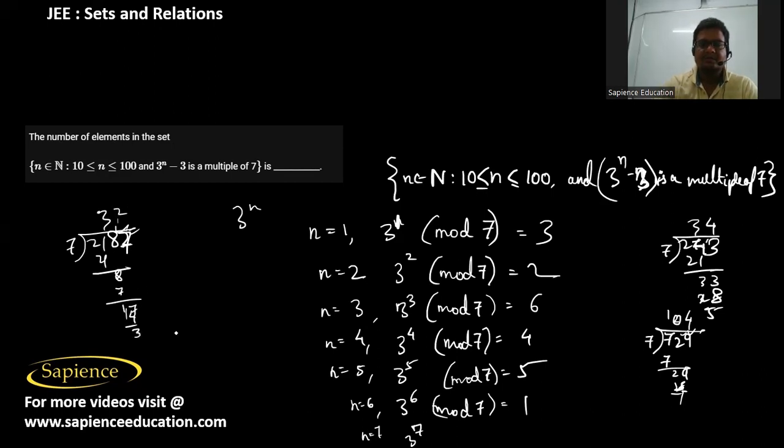So the remainder is 3. So mod 7, the remainder is again 3. So here we have a cycle of 6.